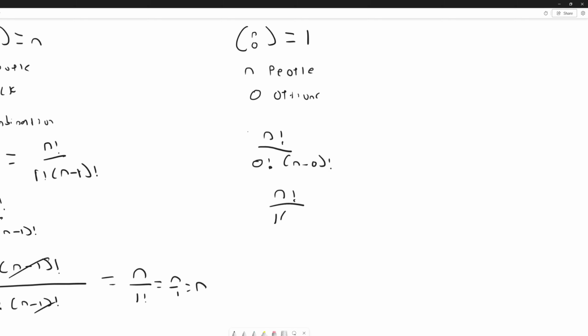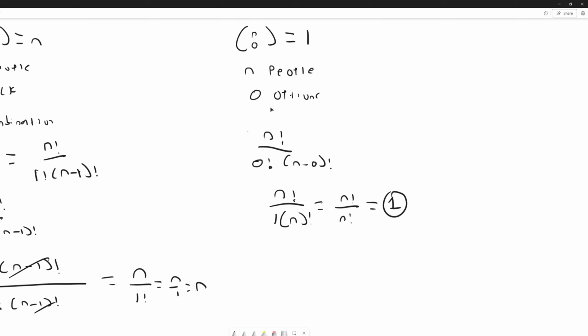That's what 0 factorial is. And n minus 0 is n factorial. So it's n factorial over n factorial, and that just cancels out to 1. So therefore, we prove that nC0 equals 1. You have n people, 0 options. You don't choose any of them, and there's still a team remaining though.